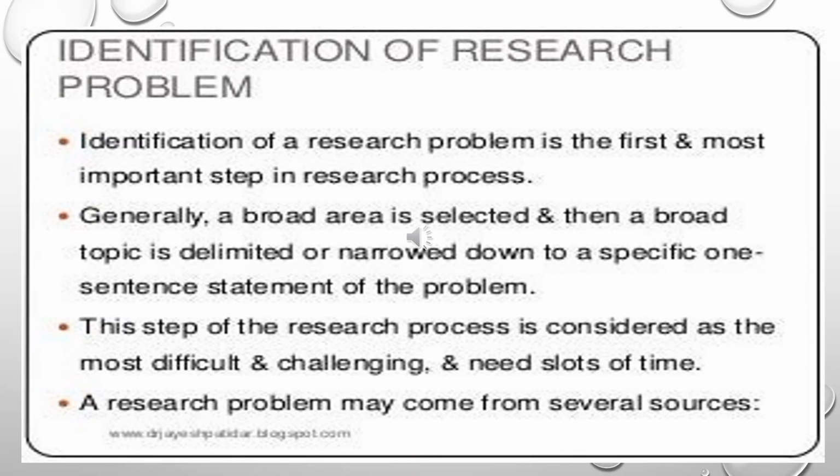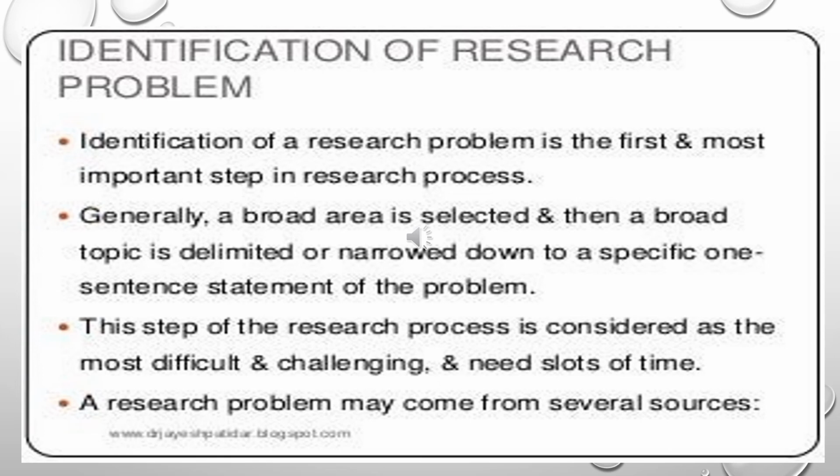So the identification of the research problem is the first and most important step in the research process. Before we start any research work, we have to find out what the problems in our area are. We have to go through the previous studies, that is called the review of literature. Generally a broad area is selected and then a broad topic is delimited or narrowed down to a specific one-sentence statement of the problem.